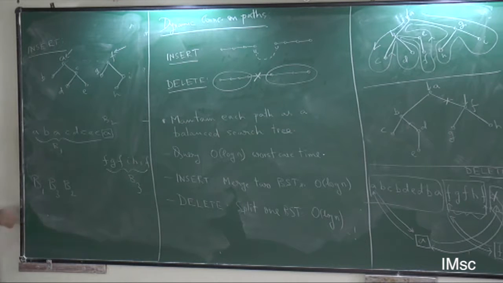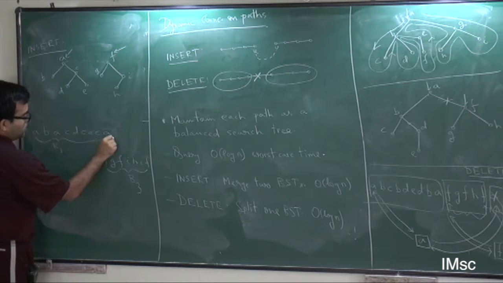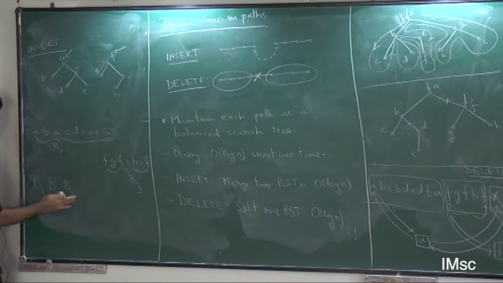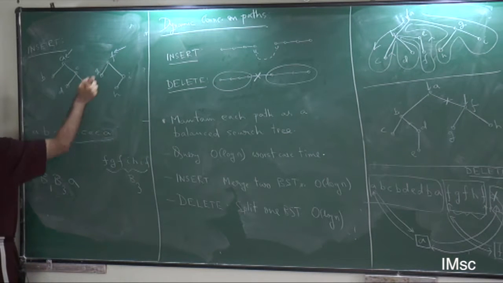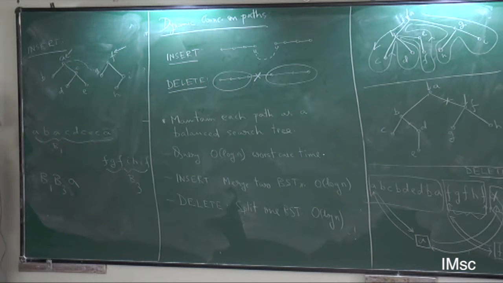Oh, sorry. No, you do not do it with B2. You just append an A at the end of this B3. That is what you will do. Suppose this is your B1, this is your B3. So, your new block will be B1, B3, A. Correct, right?